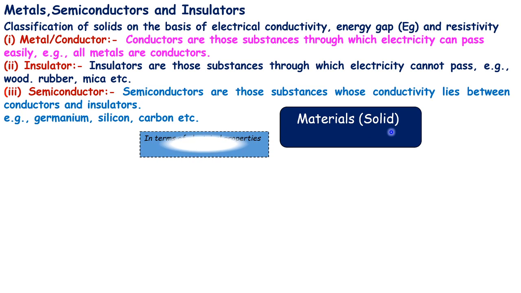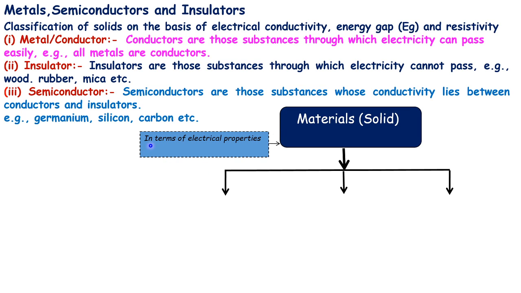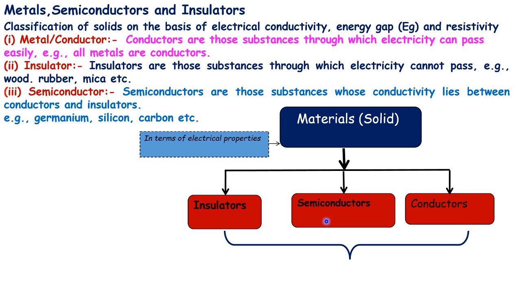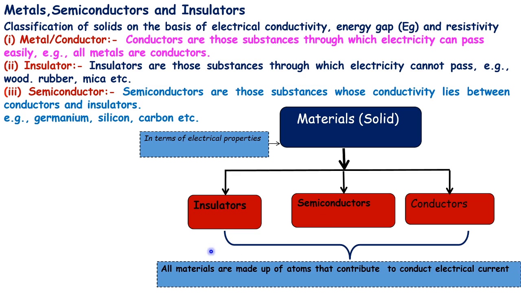Solids are classified into three types in terms of electrical properties: the first is insulator, the second is semiconductor, and the third is conductor. All materials are made up of atoms, which contribute to conducting electric current. So these are insulator, semiconductor, and metals or conductors.